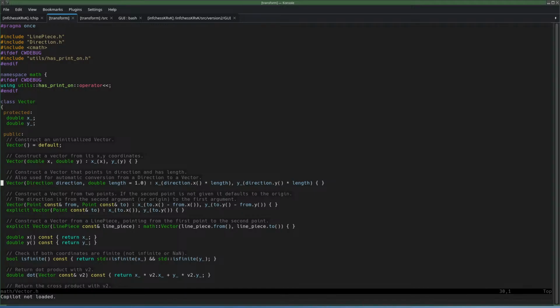Okay. Yeah. My whole math library is actually two-dimensional.